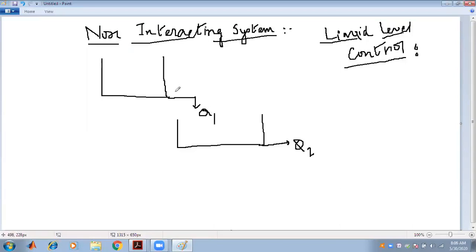This is R1, the resistance, and for tank 2 it is R2. The height of the liquid in tank 1 is denoted by H1, and the height of the liquid in tank 2 is denoted by H2.